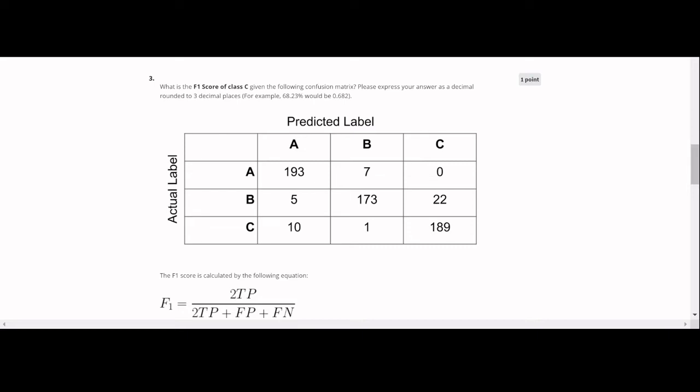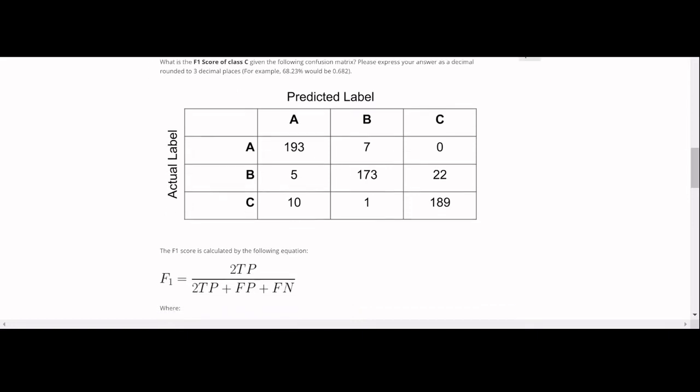Okay. So now what is the F1 score for class C?